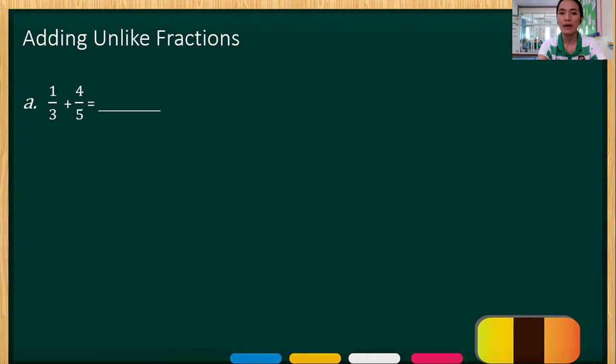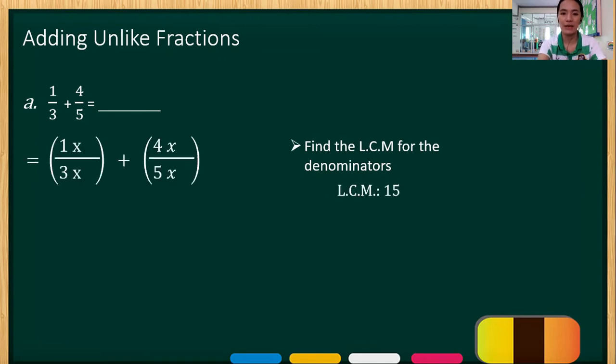Next, we have steps to follow when adding unlike fractions. Step 1, find the least common multiple or LCM for the denominators. The LCM for 3 and 5 is 15. Next, what will you multiply to 1 over 3 to get 15?